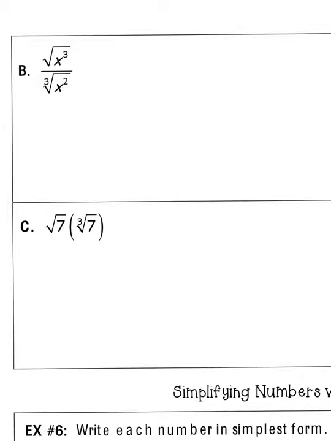So the square root of x cubed is going to be x. Square root means there's a 2 in the denominator, and x is raised to the third power, so this becomes x to the 3 halves over x. X is my base. It's a cube root, so I've got 3 in the denominator, and x is raised to the second power.